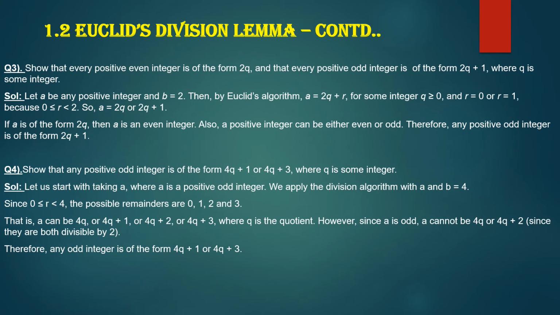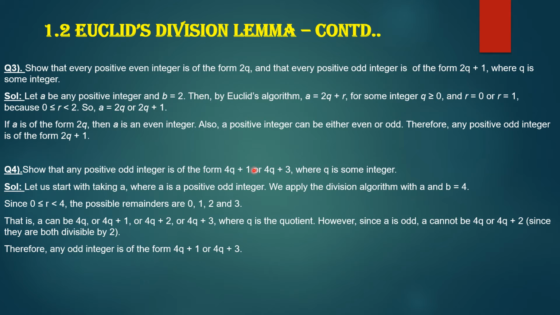Okay, so now question 4 is almost the same as question 3. It's just that here they have changed the question a little different from the previous one. So now let's read the question. Any positive odd integer, that means any number like 1, 3, 5, those are odd, right?